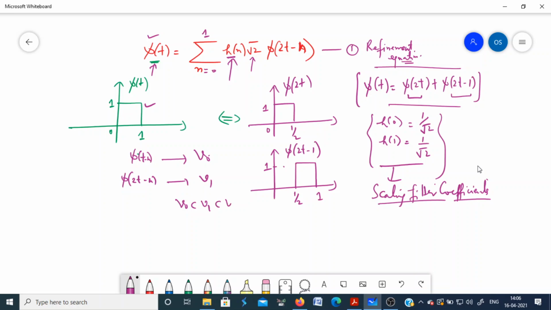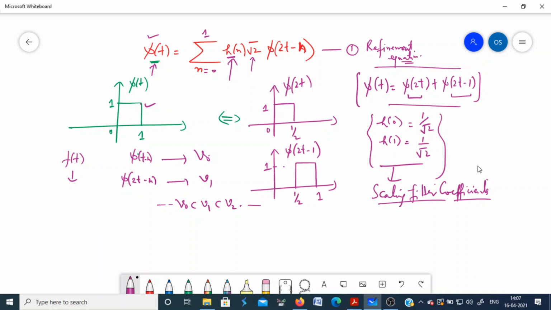Similarly, V1 will be a subset of V2 and so on. So you start from one scaling function, and any function f of t can be decomposed in terms of phi t, then phi 2t minus k, then phi 4t minus k, 8t minus k, and so on.